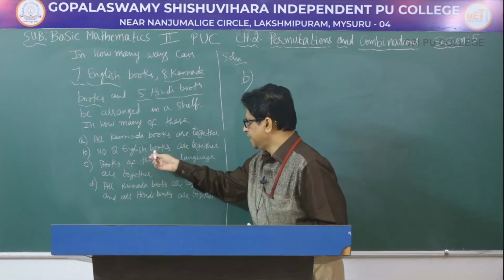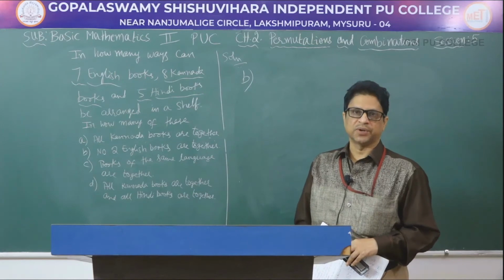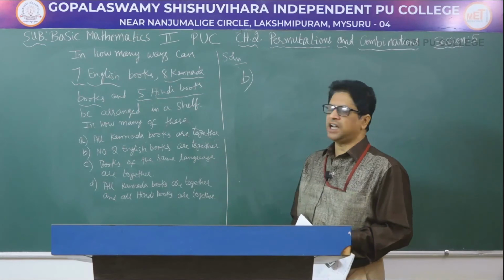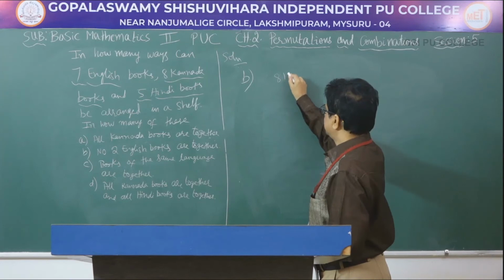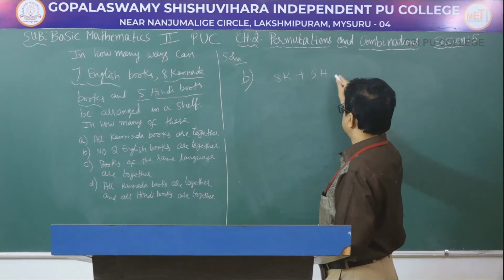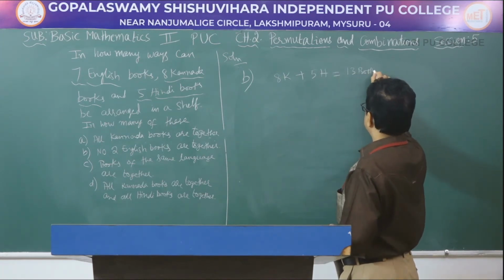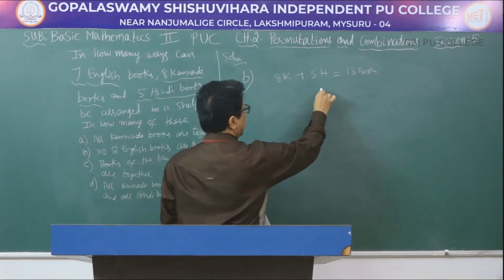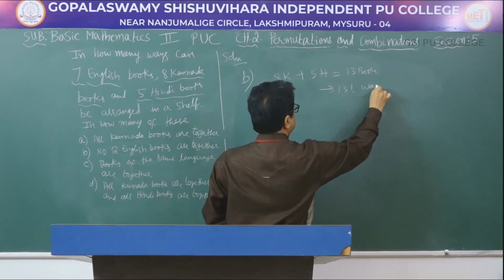No two English books are together. Since no two English books are together, we have to arrange the English books in between the other books. So, there are 8 Kannada books plus 5 Hindi books, that will be equal to 13 books. And these 13 books can be arranged in 13 factorial ways.